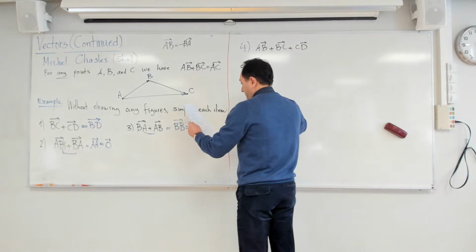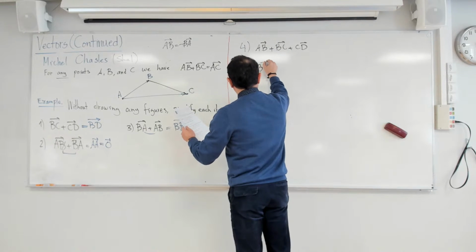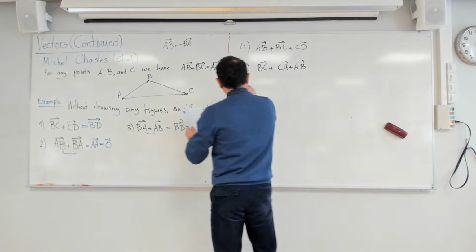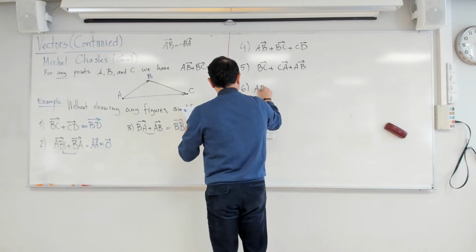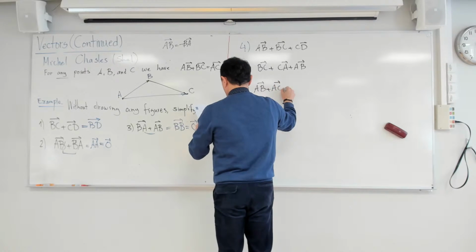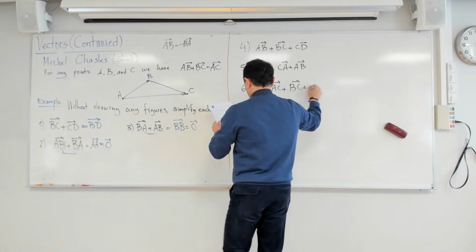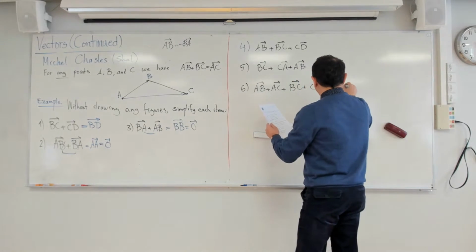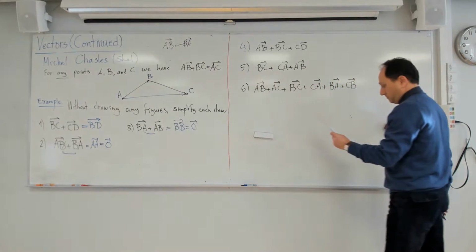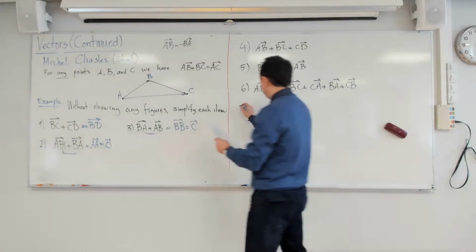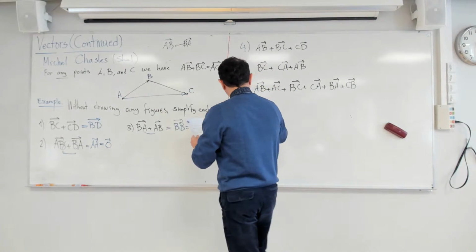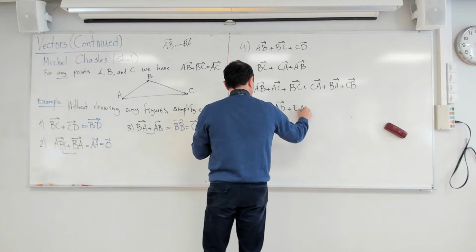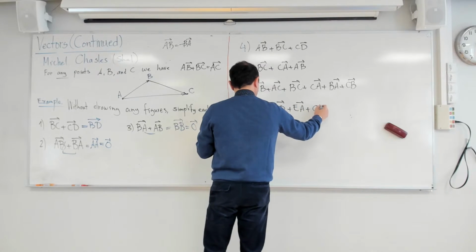Number 5: BC plus CA plus AB. Number 6: AB plus AC plus BC plus CA plus BA plus C. And finally 7: BE plus AD plus EA plus CD.